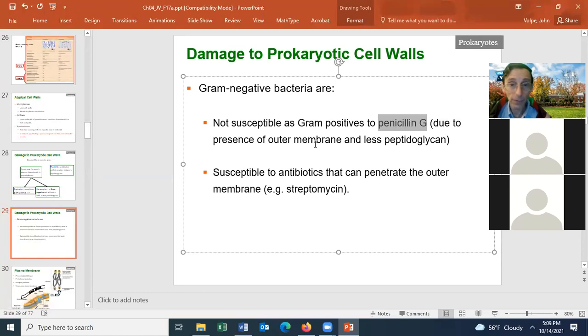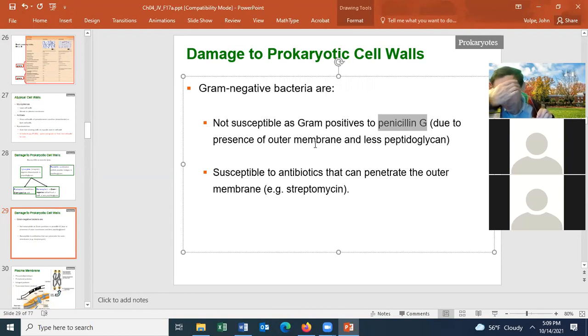That's true for some other antibiotics, like the cephalosporin family. It doesn't work on gram-negative bacteria.